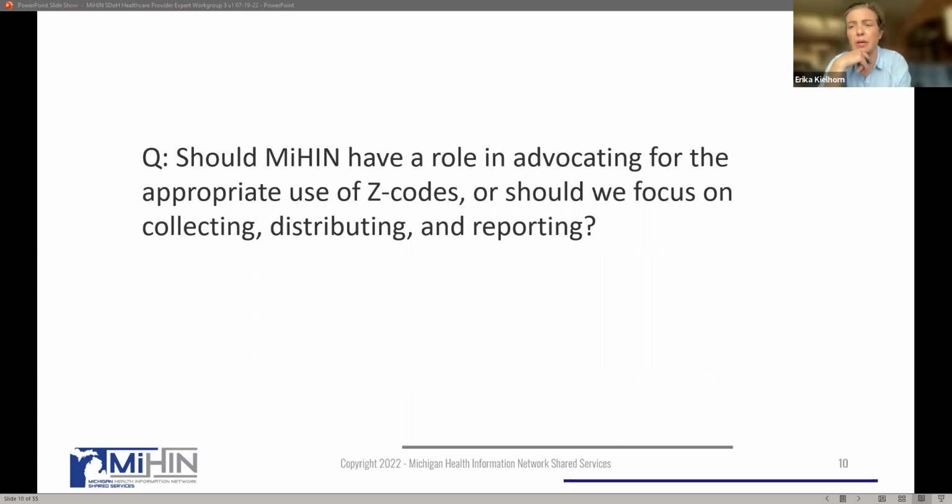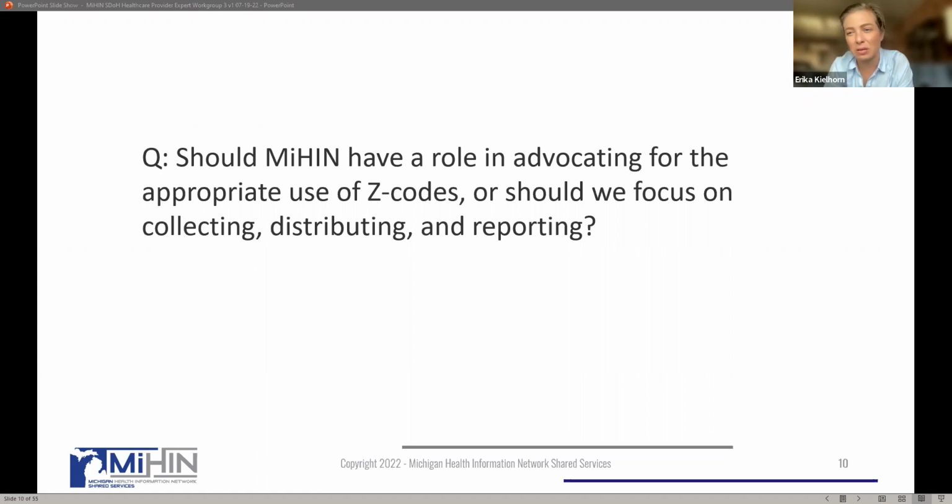Is there a way that we can help practices recognize that just because we give a Z code doesn't mean it needs to be checked as a problem? It's a data collection tool for us to make sure we're educating and resourcing for our care teams, and for the state to have an understanding of how we as providers and care teams are allocating our time to these really important factors.